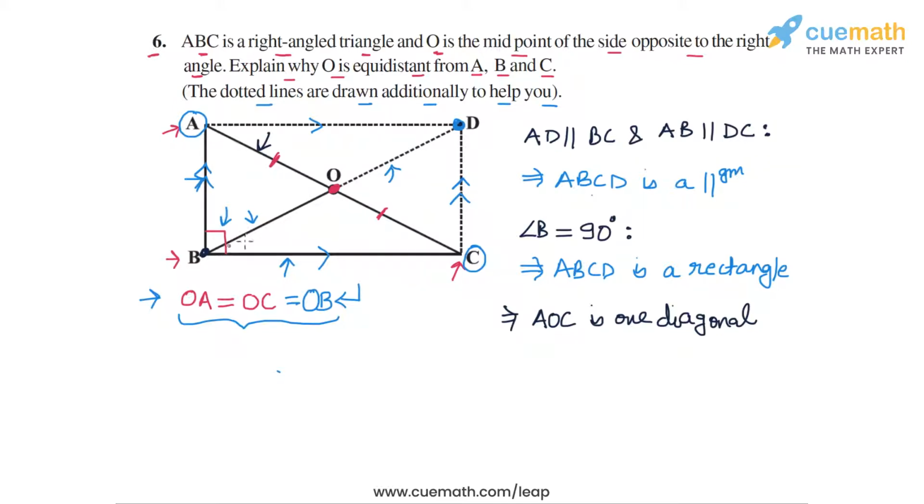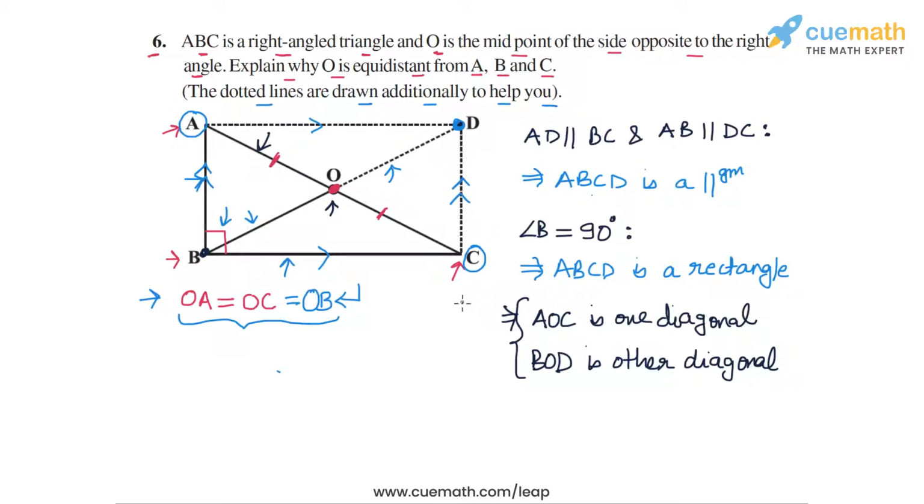So if we draw BD, it should pass through the midpoint O of AC, and this means that BOD is a straight line. Hence BOD is the other diagonal of the rectangle. So AOC and BOD are the diagonals of the rectangle ABCD.